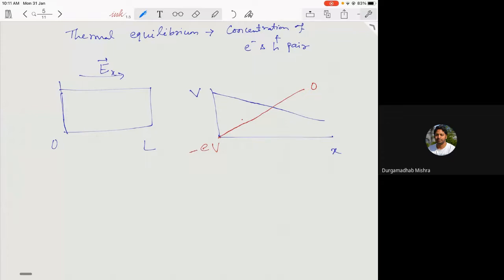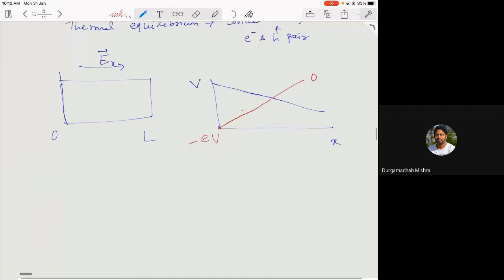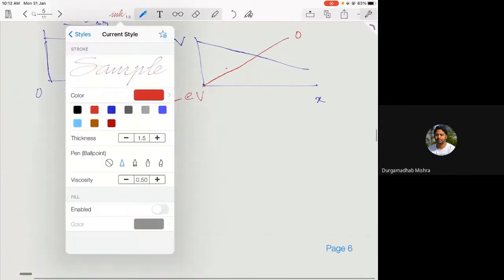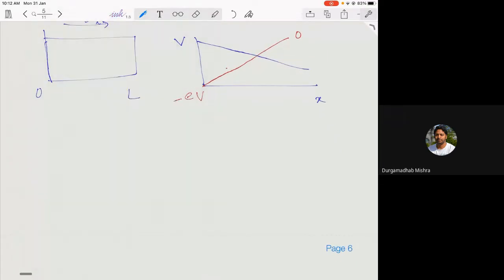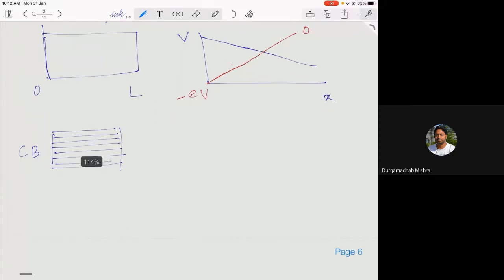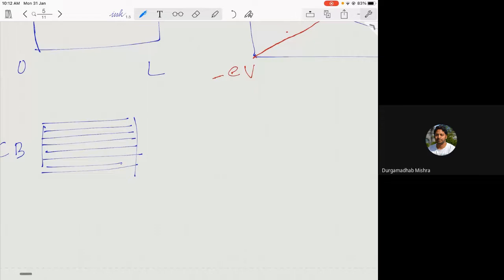So how will this change the band structure? We already saw that in the case of metals. What happens is a bending of the band. If I have a conduction band, let's say now I'm just looking at the conduction band, I have many such tiny energy states or energy levels in the conduction band.